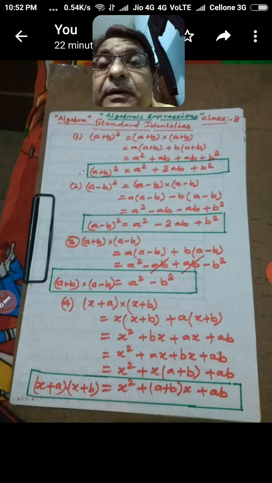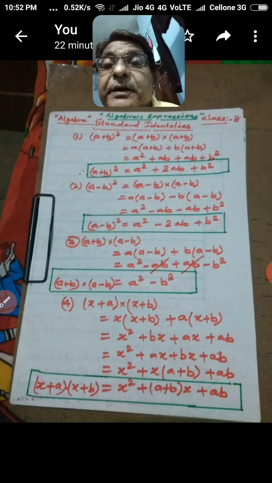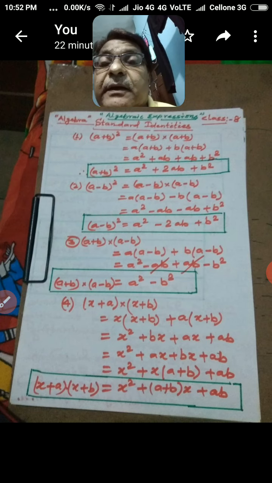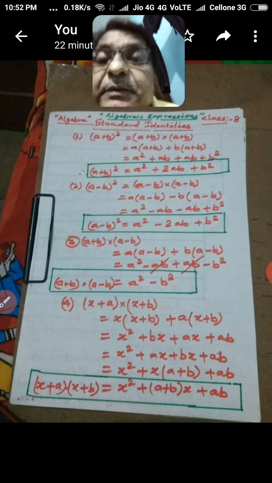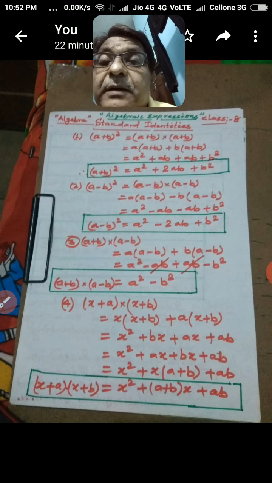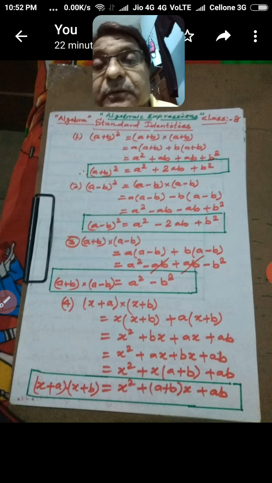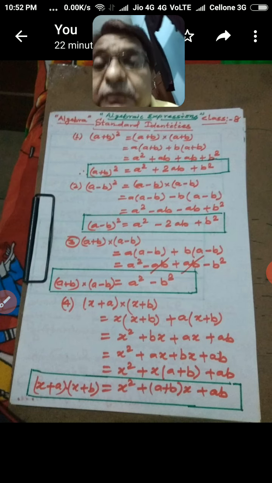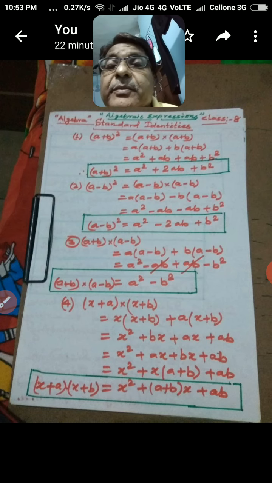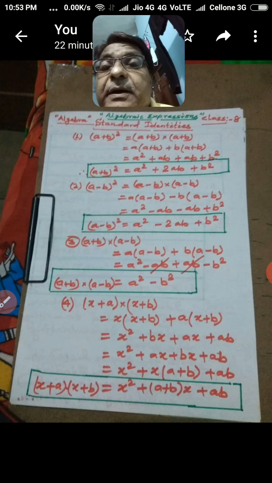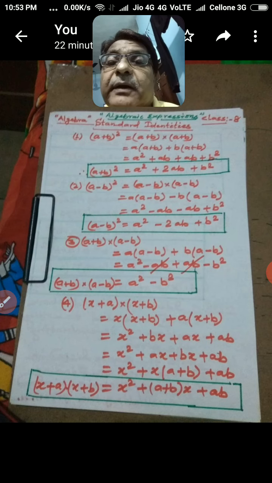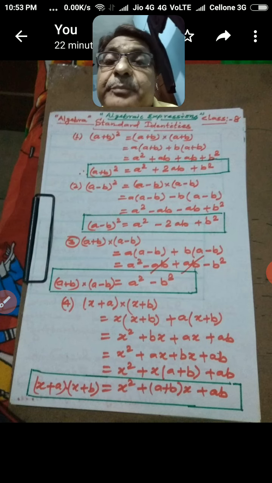So you noted the difference I have made. In case of a plus b whole square, it was a square plus 2ab plus b square. Now I am telling a minus b whole square, a square minus 2ab plus b square. You can say in this way also that a minus b whole square is equal to a square plus b square minus 2ab, whereas a plus b whole square is equal to a square plus b square plus 2ab.